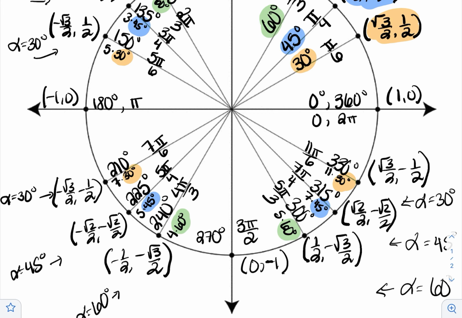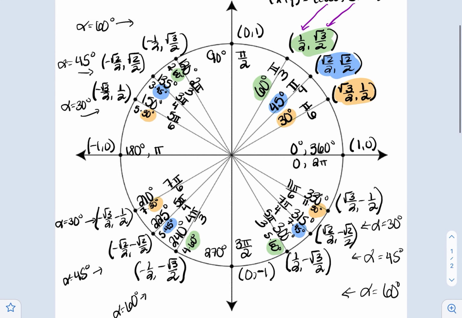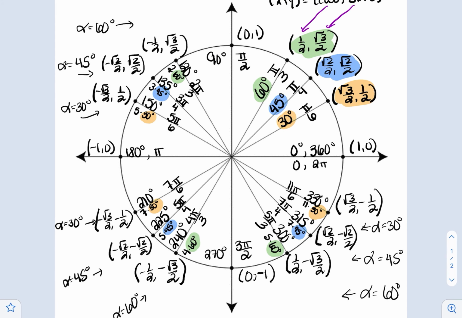So if we zoom out here, we can color coordinate this a little bit. All the ones that have a reference angle of 30 degrees have the same ratios, but they differ by positive or negative. They both have an x of radical 3 over 2 and a y of 1/2, but depending on the quadrant, they could be positive or negative.